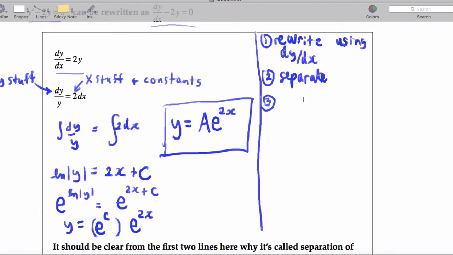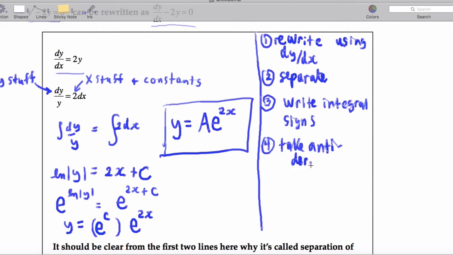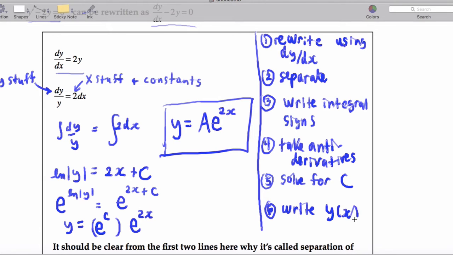Step 3, write integral signs. Step 4, take antiderivatives. Step 5, solve for c. Step 6, write y of x, and we're done.